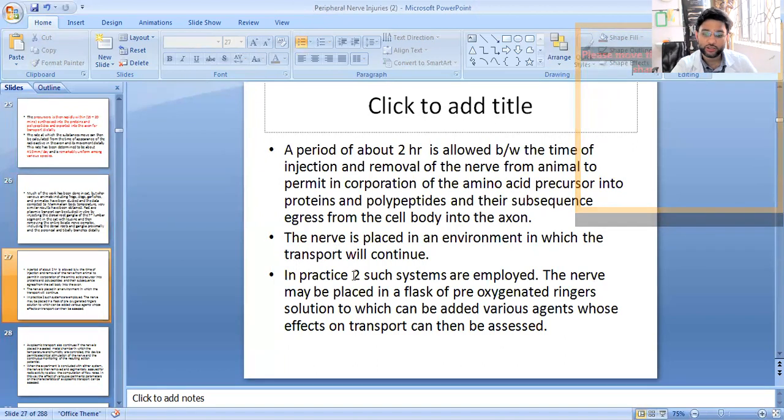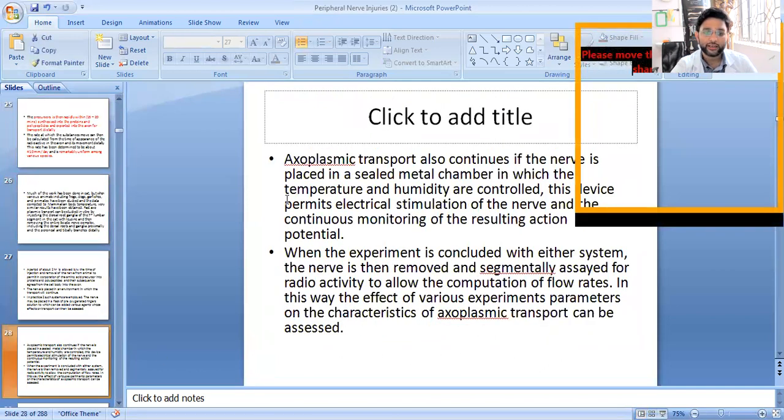In practice, two such systems are employed. The nerve may be placed in a flask of pre-oxygenated Ringer's solution to which can be added various agents whose effect on transport can be assessed. Exoplasmic transport also continues if the nerve is placed in a sealed metal chamber in which the temperature and humidity are controlled, and this device permits electrical stimulation of the nerve and the continuous monitoring of the resulting action potential.